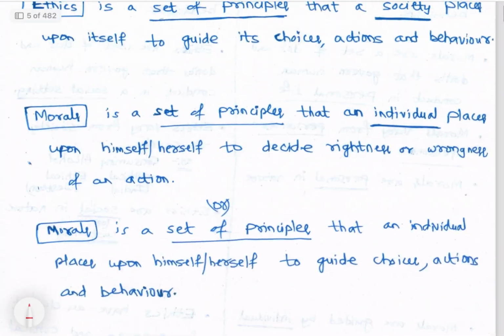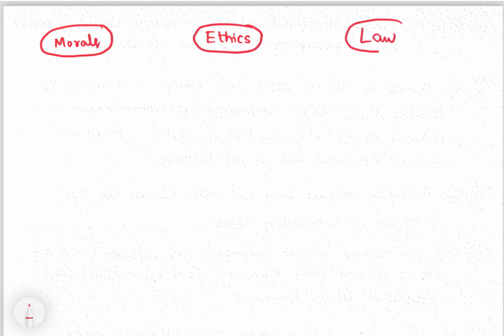So now let's understand what is morals. Okay, morals, basics. What are morals, ethics, and what is law? These things we keep on seeing in the questions. In questions also we are seeing what is morals, what is ethics, what is law, what is their relation.